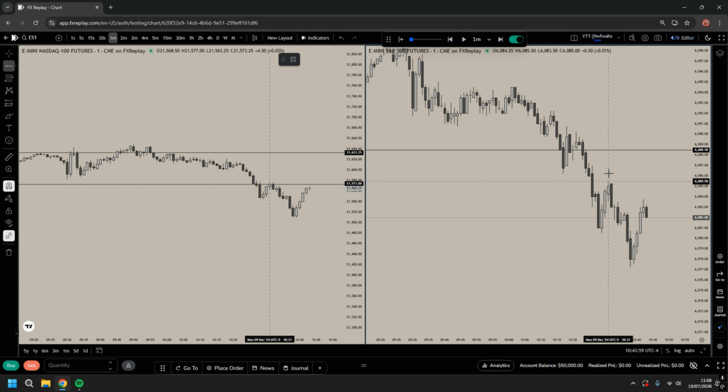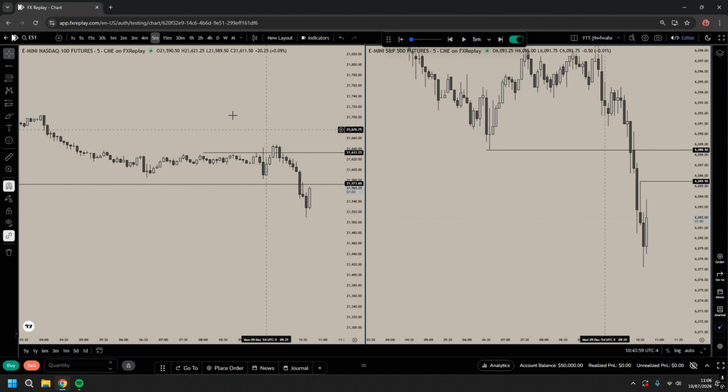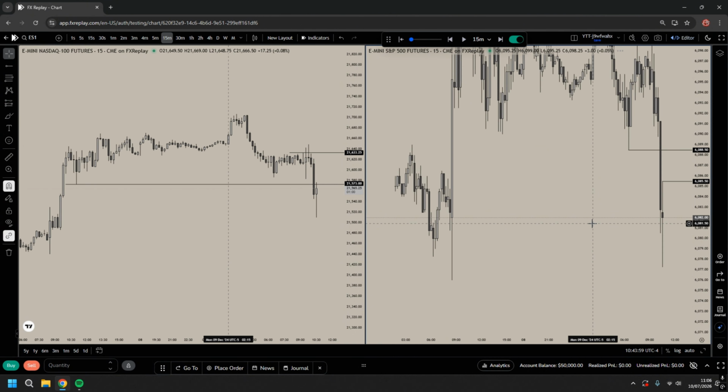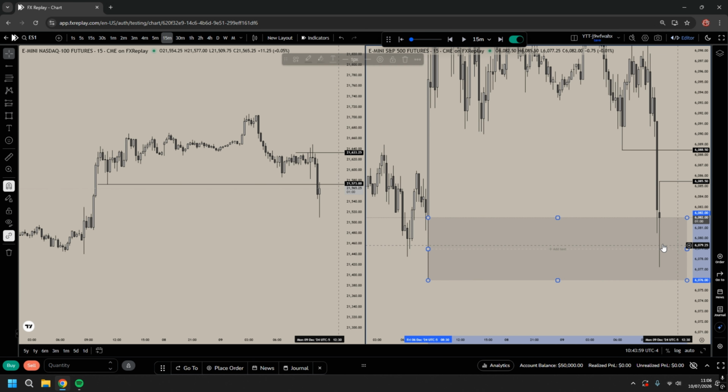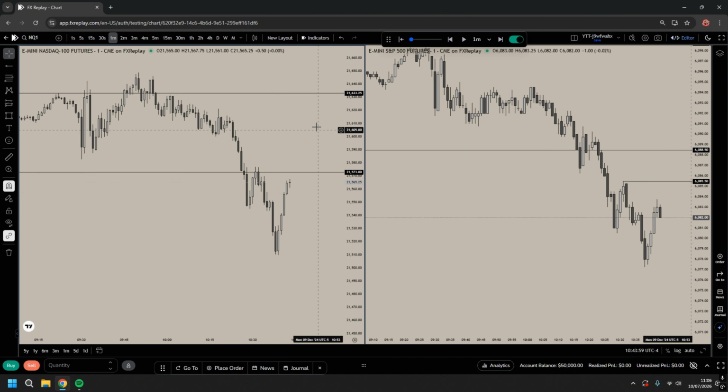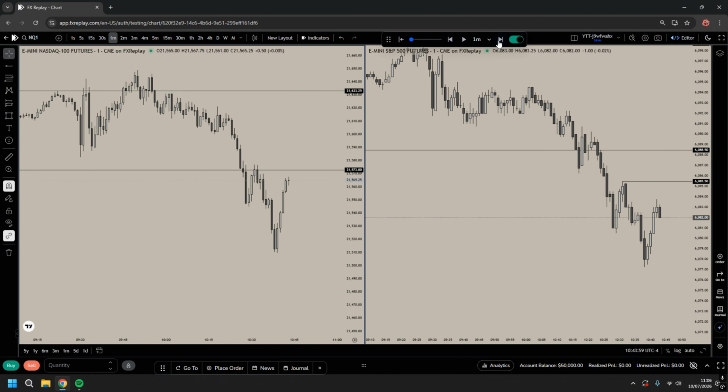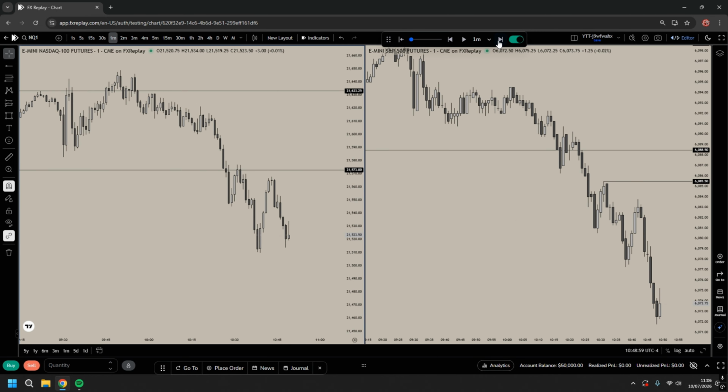Yeah, I don't think so. I mean, are we reacting out of anything? Not really. Rejection block, but I don't trade them, sadly. So yeah, I'm going to fade this. If we had decent manipulation on ES, I probably would be open to taking it.